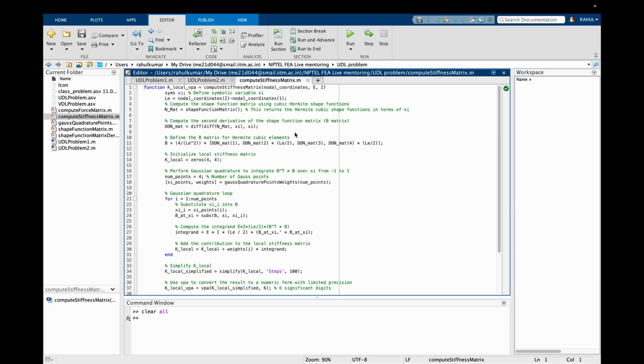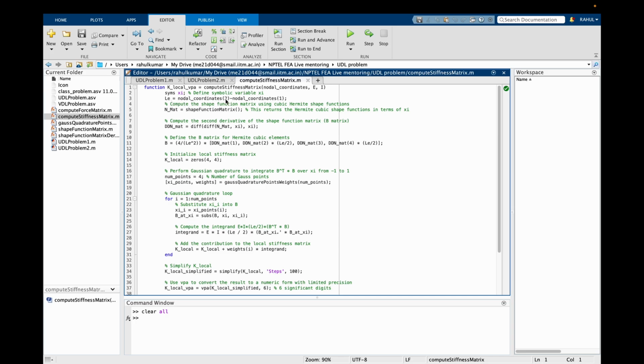First it takes the nodal coordinates, modulus of elasticity and moment of inertia. I have initialized xi, the variable that varies from -1 to 1, and this is the length of that element.